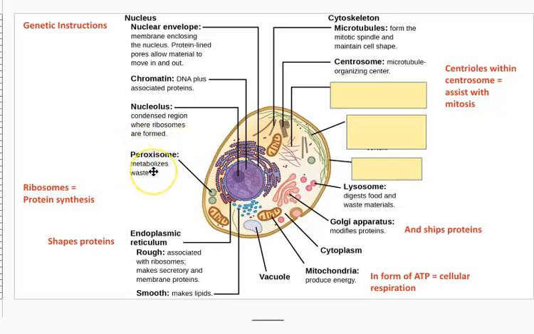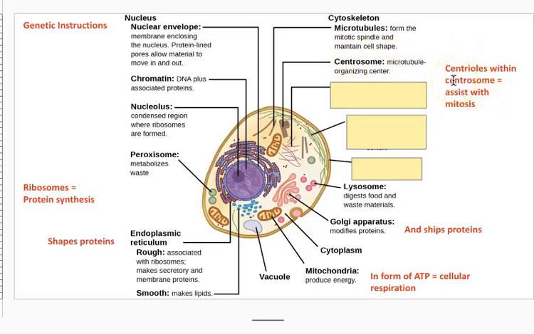So someone who drinks a lot of alcohol or takes a lot of drugs, a lot of times their liver can kind of just wear out because it's been metabolizing and is exposed to all these waste products and drug products throughout a lifetime. So peroxisomes, lysosomes. Okay.